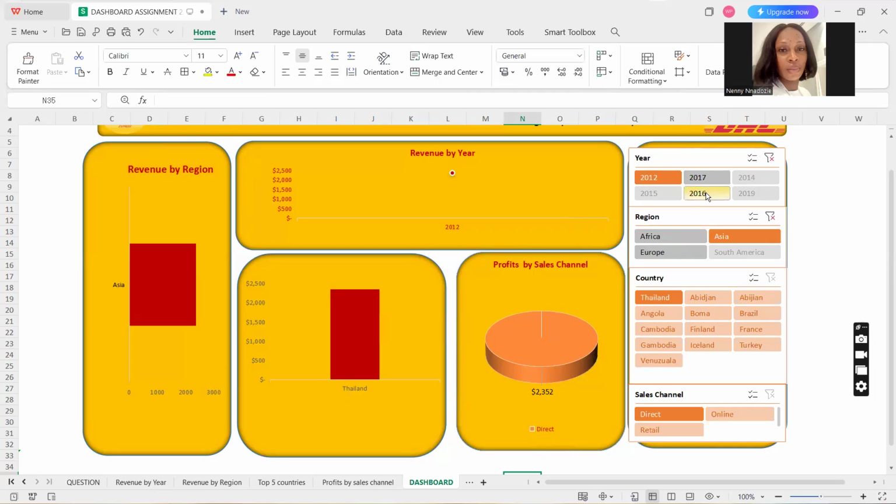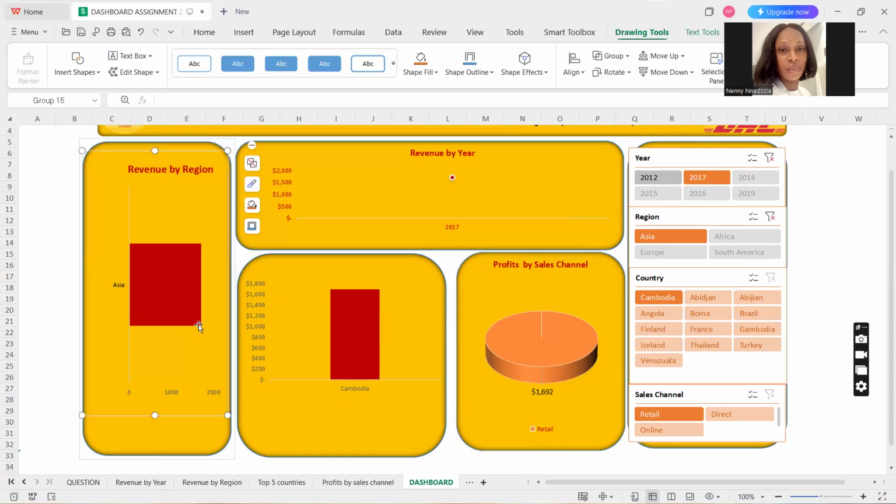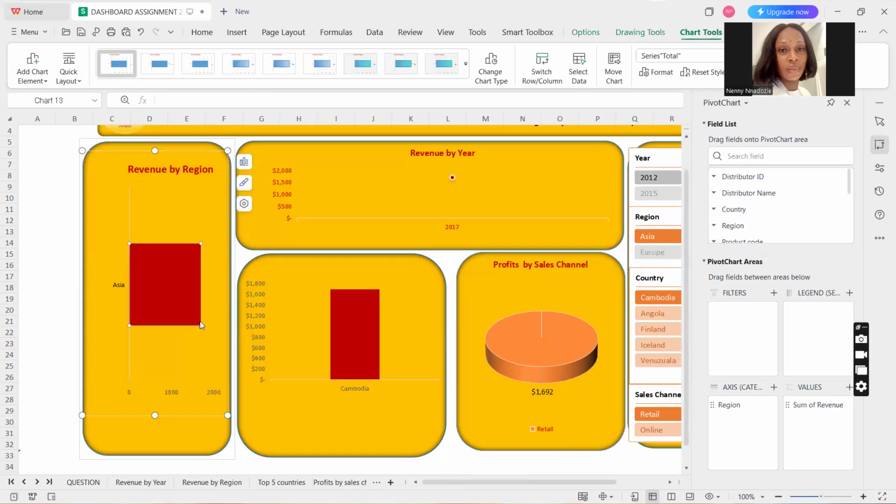So let's check 2017, which had the lowest revenue by year. Asia country. Look at the revenue that they made in Asia, 1,692.